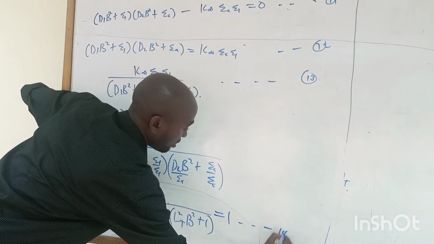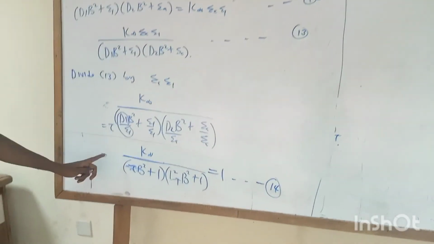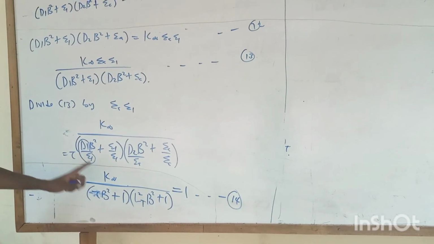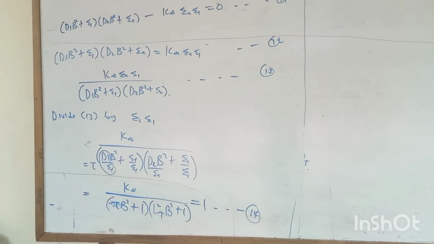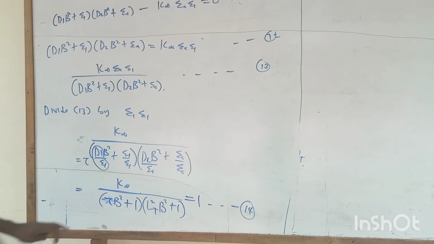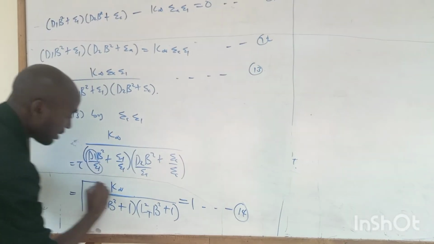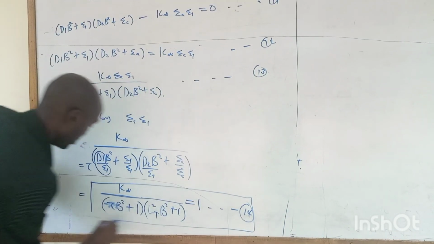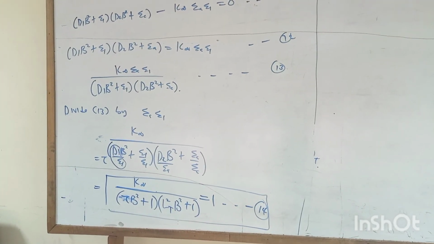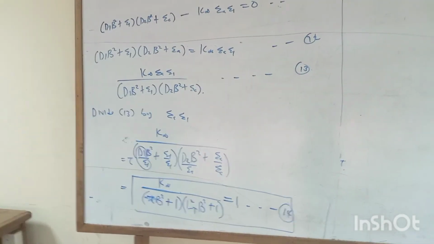This is equation 14. This is what we call the two-group critical diffusion equation. It's called what? Two-group critical diffusion equation. The next class, we talk about it.